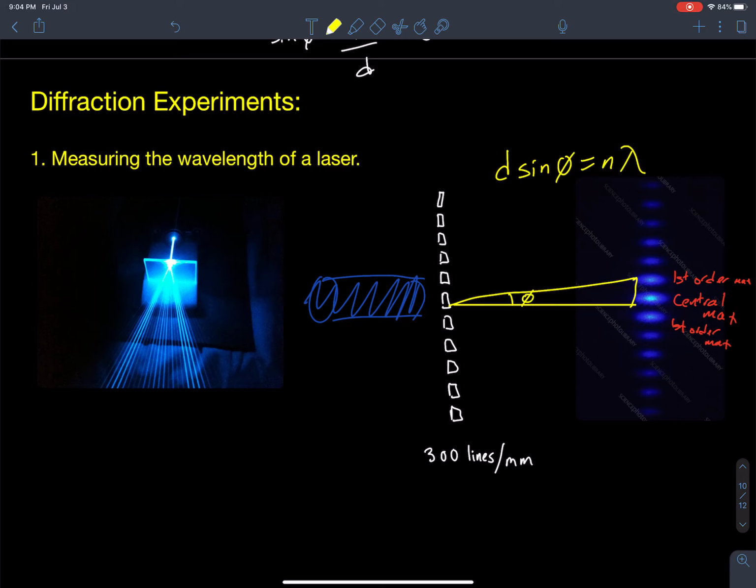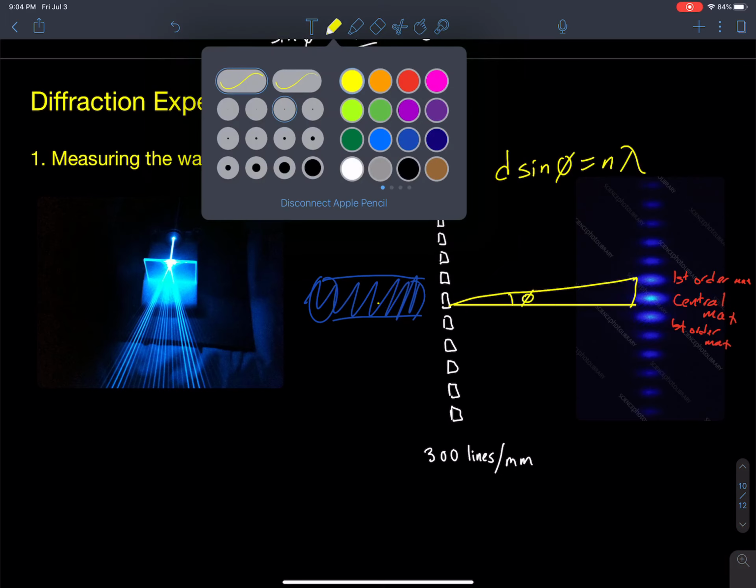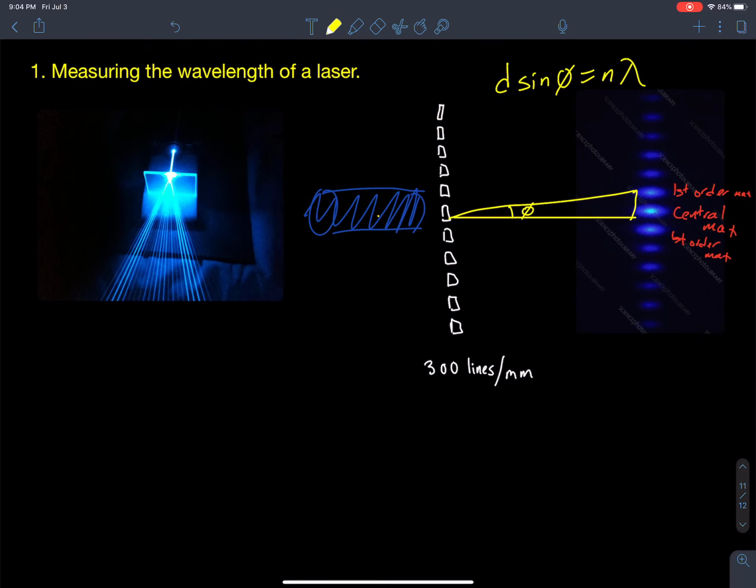That would be the angle of diffraction to the first order maximum. Okay, so n in this case is equal to 1. All right, so I'd be able to measure the wavelength of that laser by rearranging this equation to d sine theta divided by n is equal to lambda. So we'd be able to solve for the wavelength of the laser.